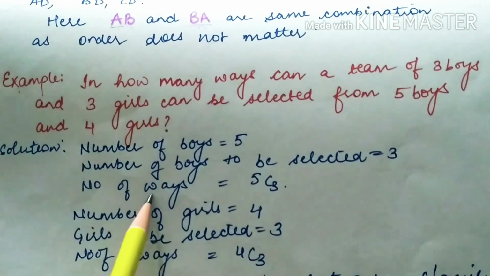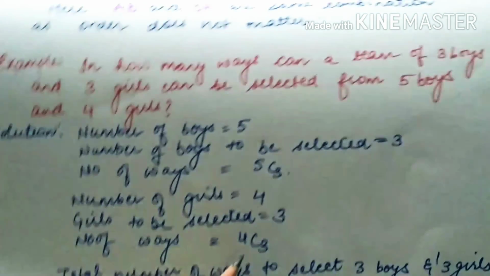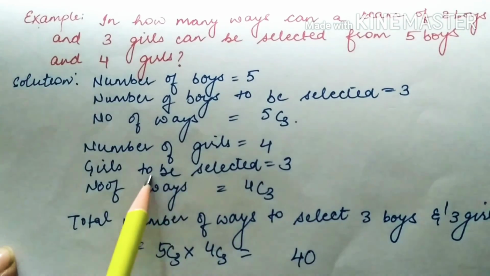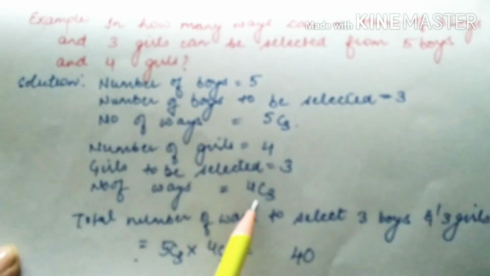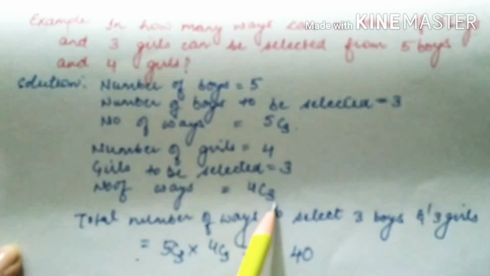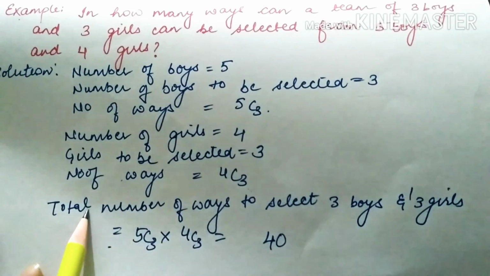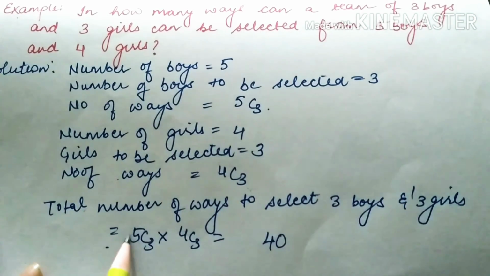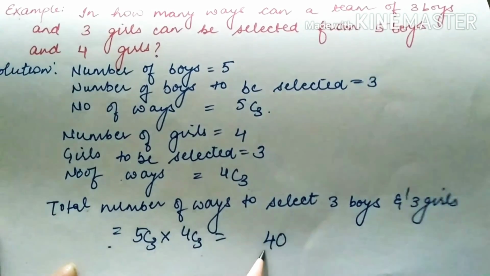So this can be done in 5C3 ways. Similarly, number of girls is 4. We need to select 3 girls. So the number of ways in which we can select 3 girls out of 4 girls is 4C3. Therefore, the total number of ways to select 3 boys and 3 girls will be equal to 5C3 into 4C3, which will give you 40.